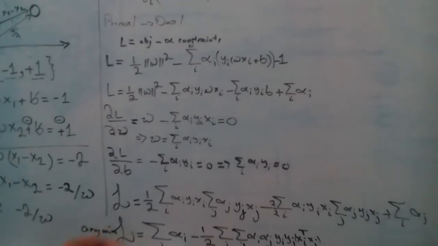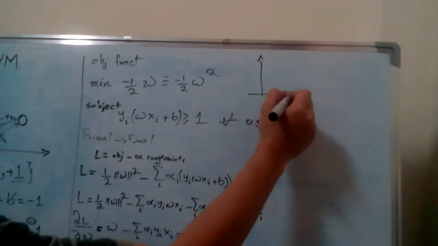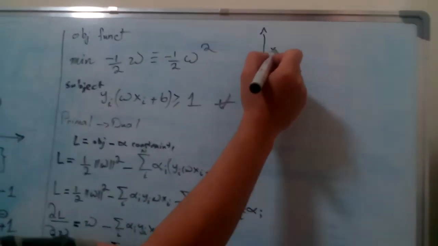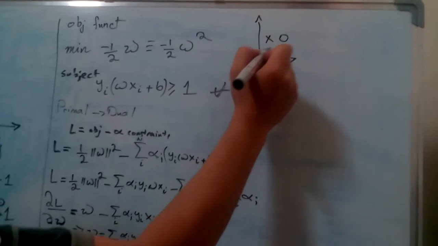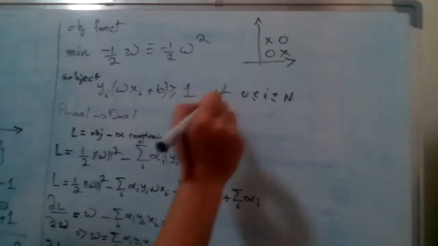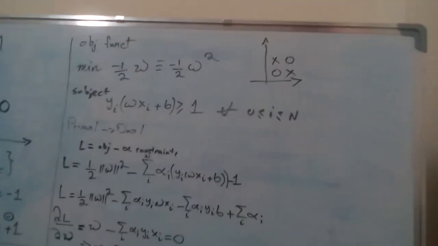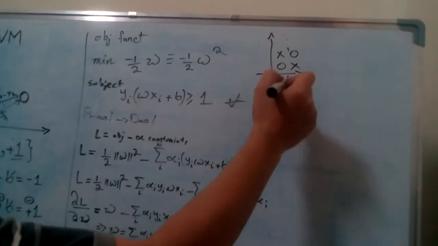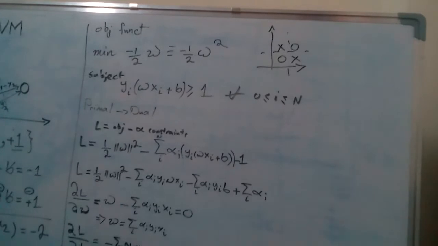So for example, if we say that in the dimensionality of one Cartesian space, we've got x, omega, omega, x. This is the famous XOR problem. It's hard to find a line that separates these two vectors.